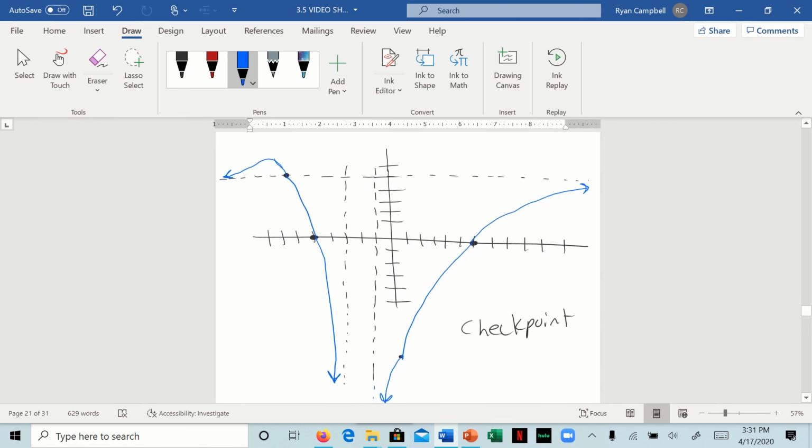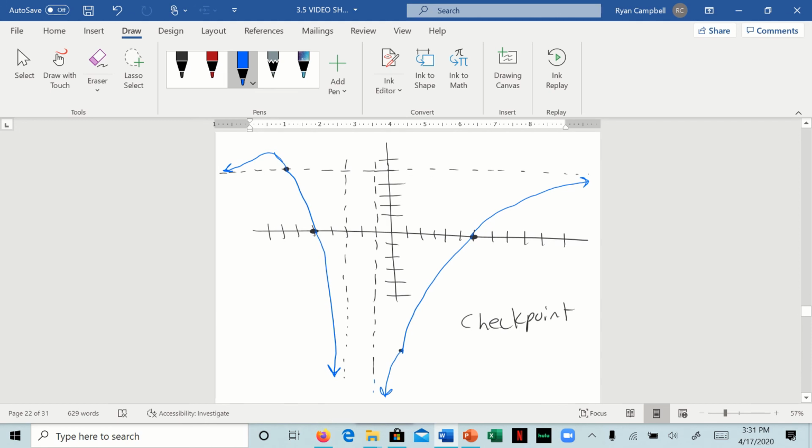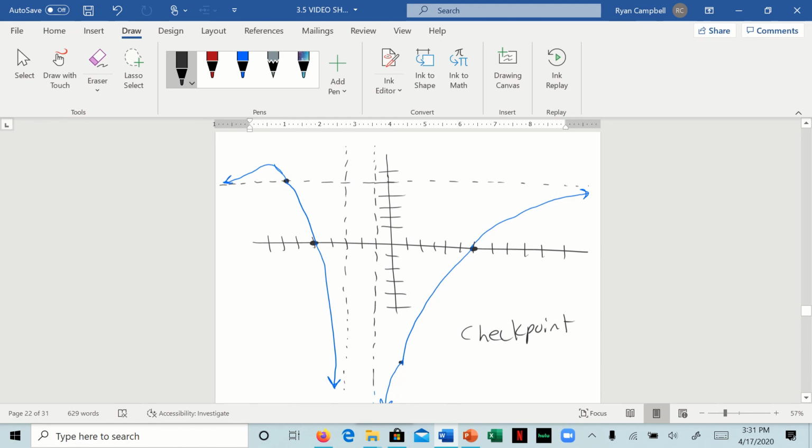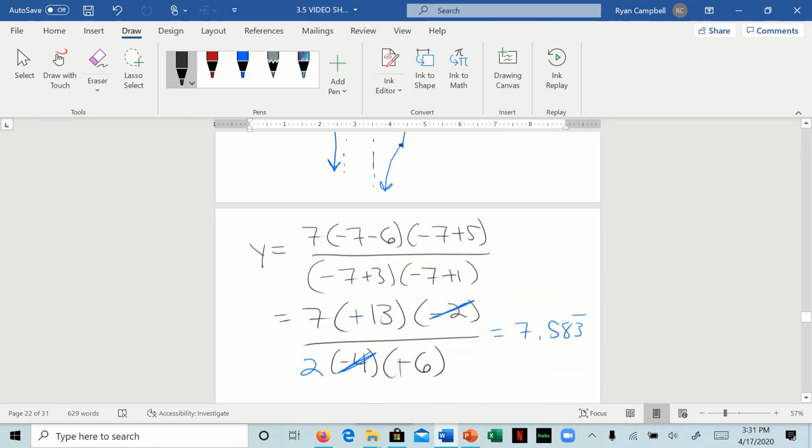So this is almost done. Why is it almost done? Why are we not done yet? Well, we don't know what happens inside here, right? We never did anything there. So we're going to need to do another checkpoint. Obviously, negative 2 is going to be between these two. All right?